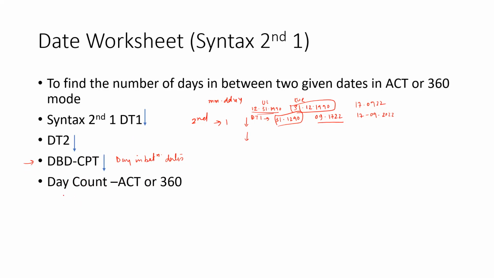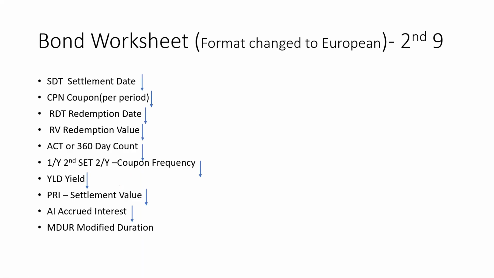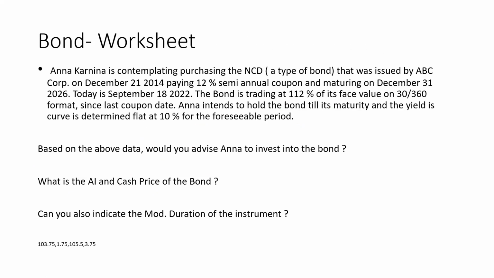Of course, there is one important aspect: the date count, whether it is actual or 360, you also have to mention, because in both cases there is going to be something different. We have already done this exercise in our last class. So now I want you to enter into something important, the bond sheet itself. Bond happens to be a very important aspect of your FRM exam.